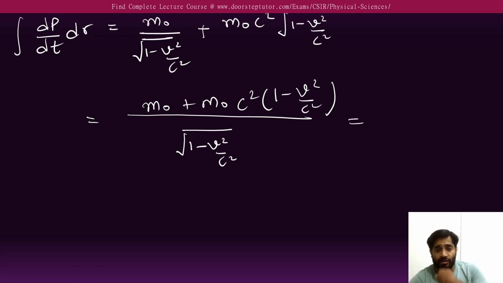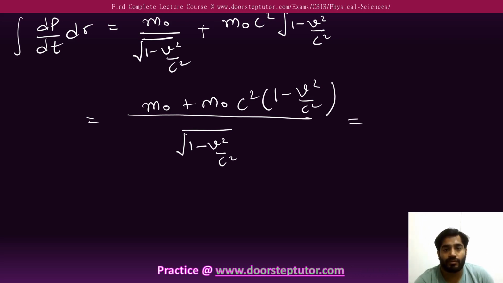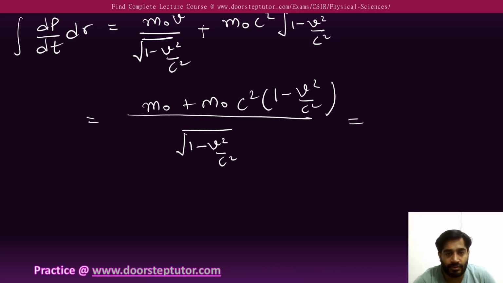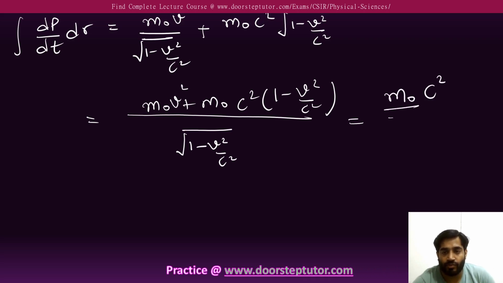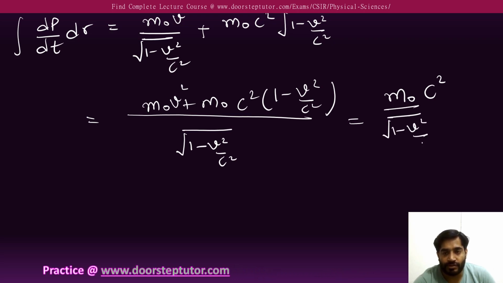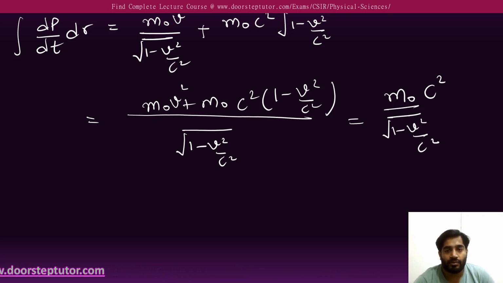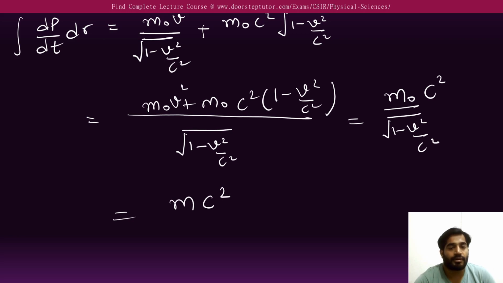If I solve this, multiplying c square with this bracket, after cancelling the minus m v square with the plus m naught v square, I got m naught c square over root of 1 minus v square over c square. But we have decided that this is what the m only. Clear? So the integration of dp by dt of dr is this one.